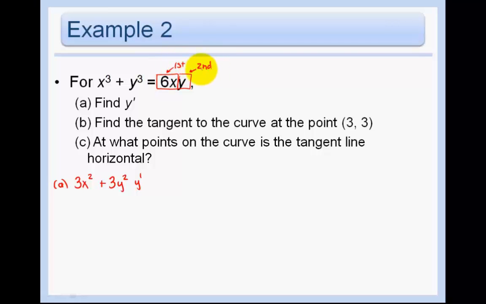So we're going to have to use a product rule. The derivative of the first times the second plus the first times the derivative of the second. And the derivative of y would just be 1 times y prime. So we want to solve for y prime. Let's get all the y prime stuff on the left.